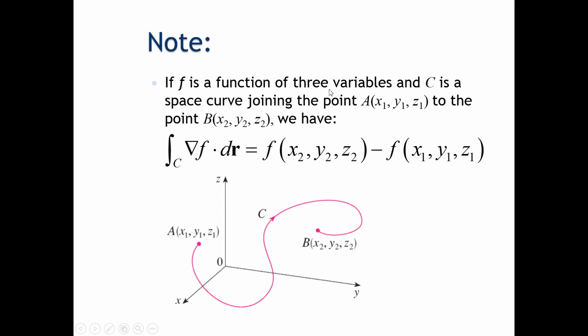If f is a function of three variables, then C is a space curve joining the points A(x1, y1, z1) and B(x2, y2, z2). Then the fundamental theorem of line integrals takes this form.